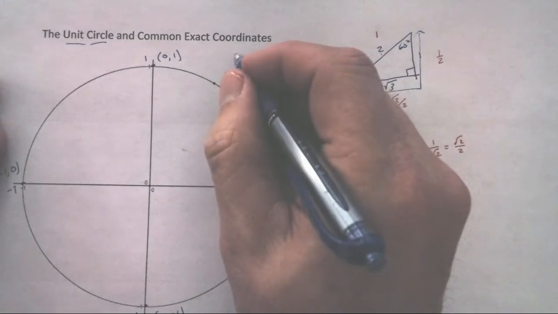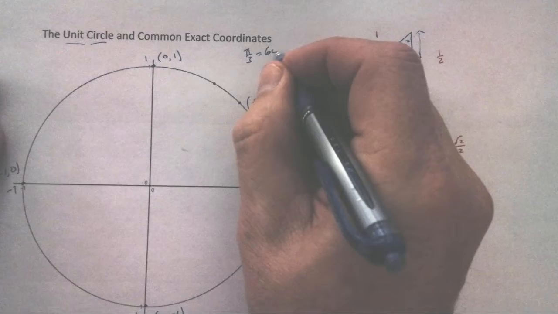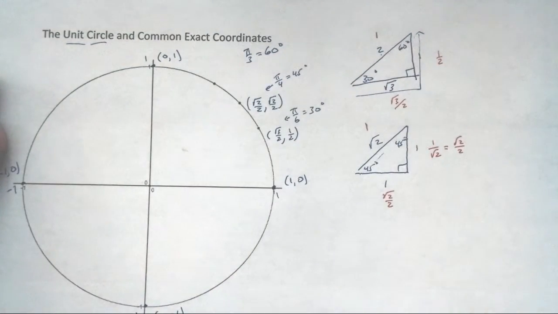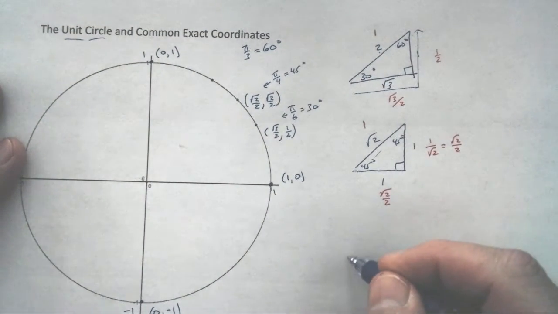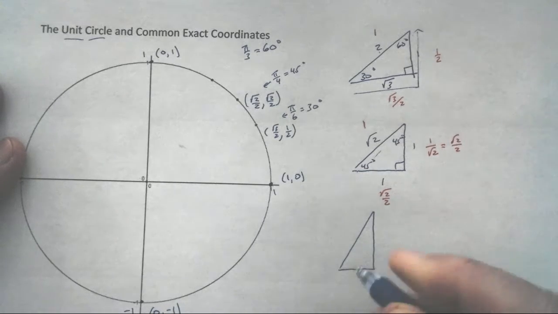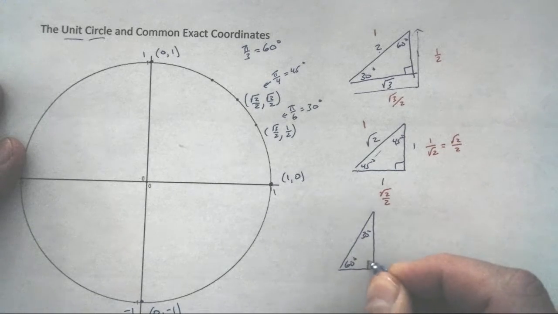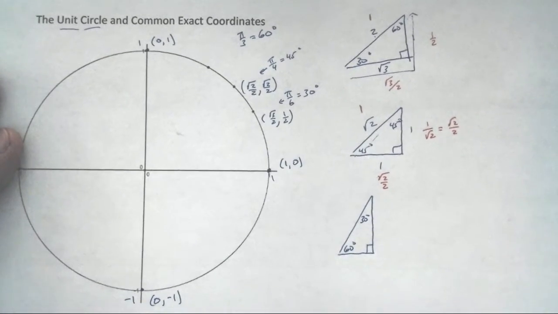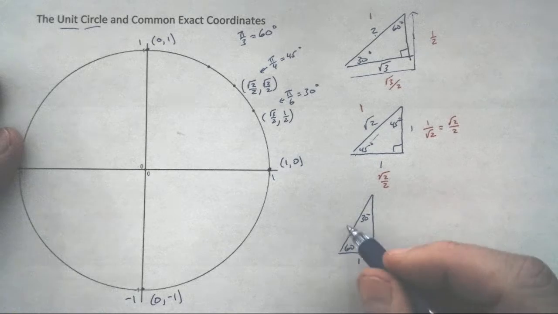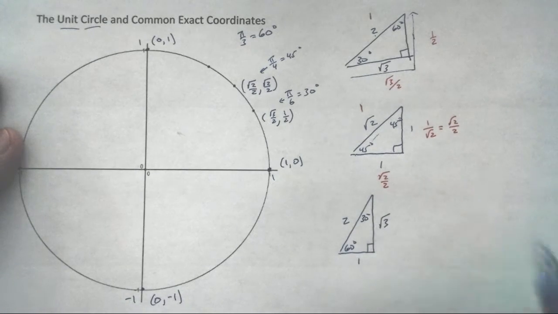And now let's look at this pi on 3, which is equal to a 60-degree angle. I'm going to draw 60, 30, 90. Don't really have to do it again because I could just transpose the triangle up above, but this is 60, this is 30, this is 90. From geometry days, we might like to say this is 1, the hypotenuse is 2, and the longer leg is square root of 3.